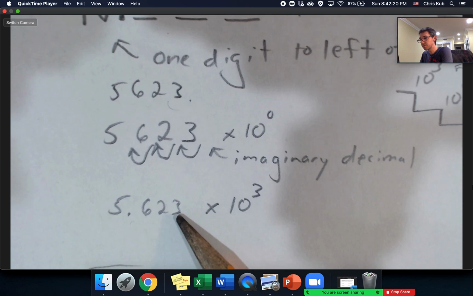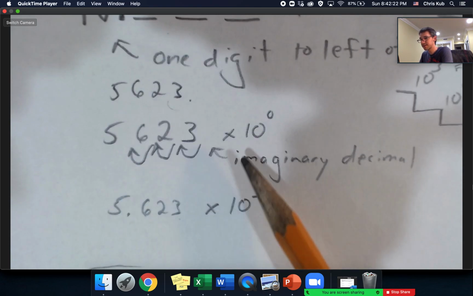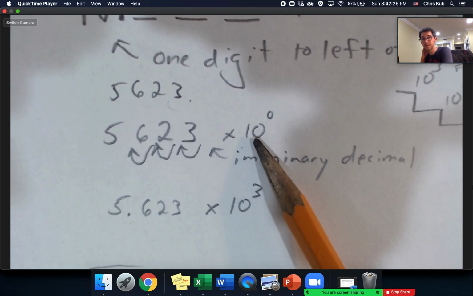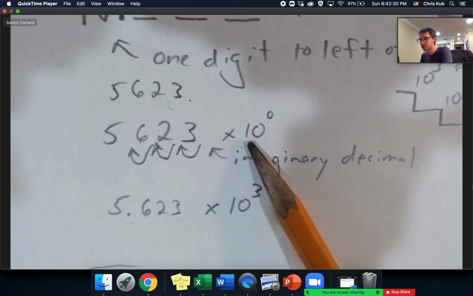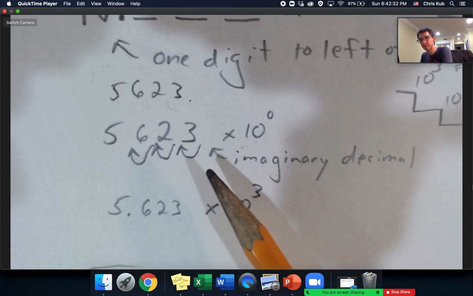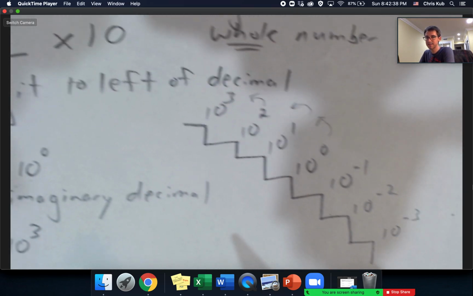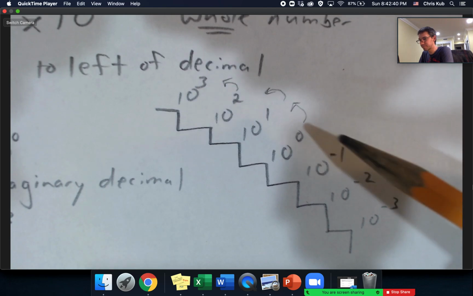But also when doing that, this was times 10 to the 0. That's just 1, so it had no effect. There was an imaginary 10 to the 0, and moving the decimal 3 times to the left is going to make that become 10 to the 3. It's all kind of summed up in this staircase.